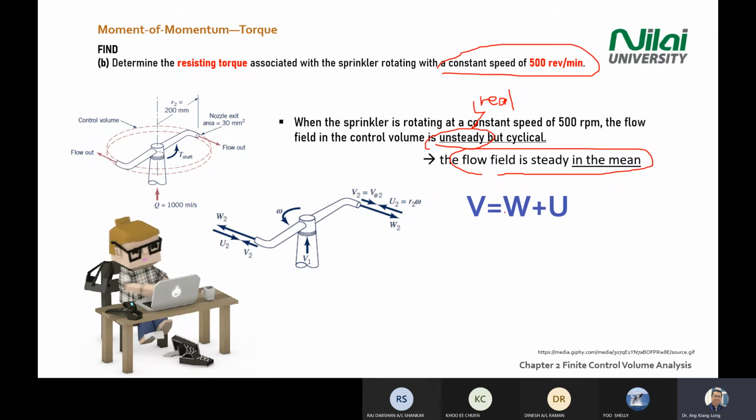V equals W plus U, so V2 equals W minus U2. And how do you calculate U2? We already mentioned U2 equals R times omega. Omega is given, R2 is given, so you manage to find U2.